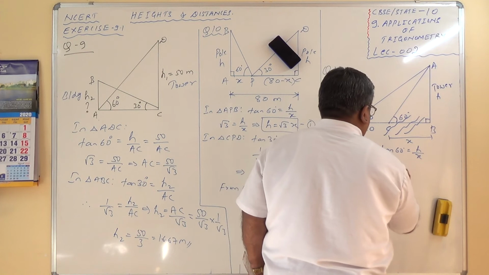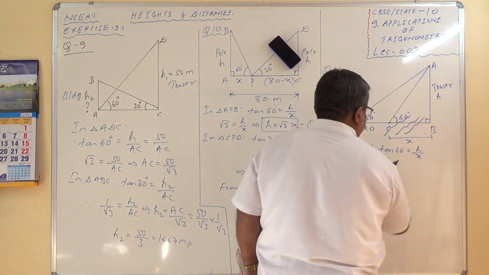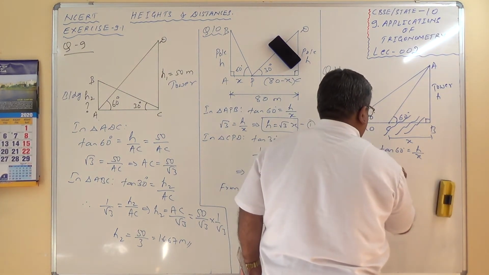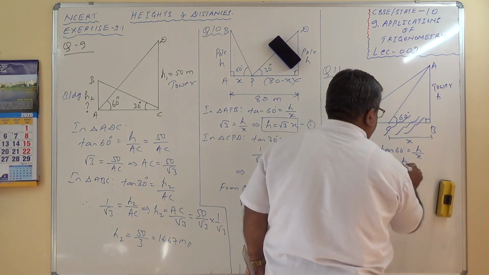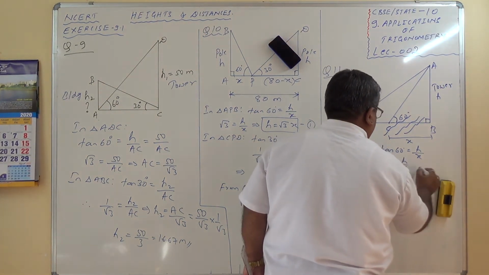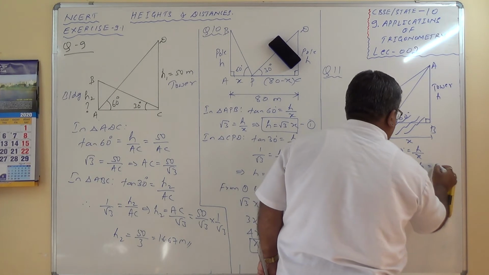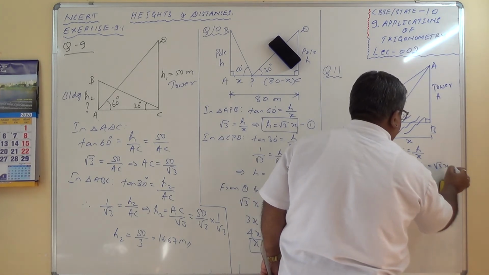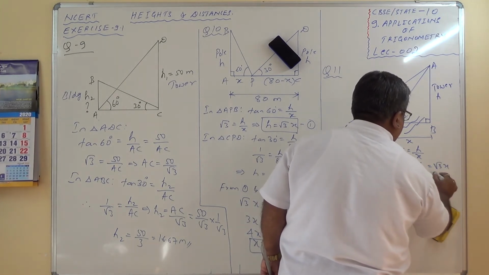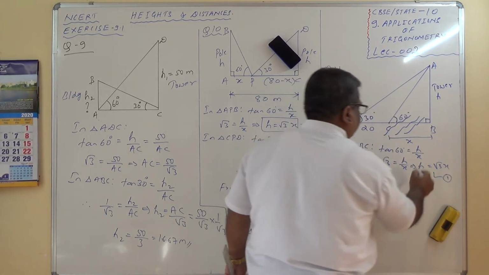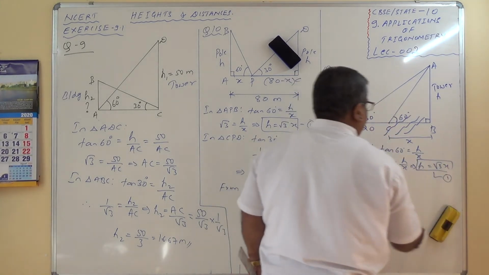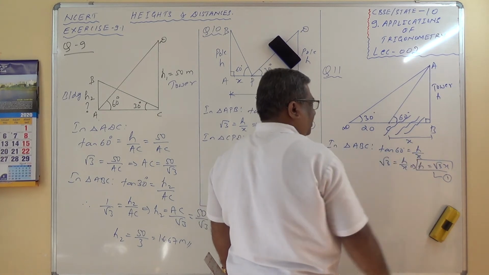So tan 60 is root 3. Root 3 equals h by x. So h equals root 3 times x. Mark it 1.